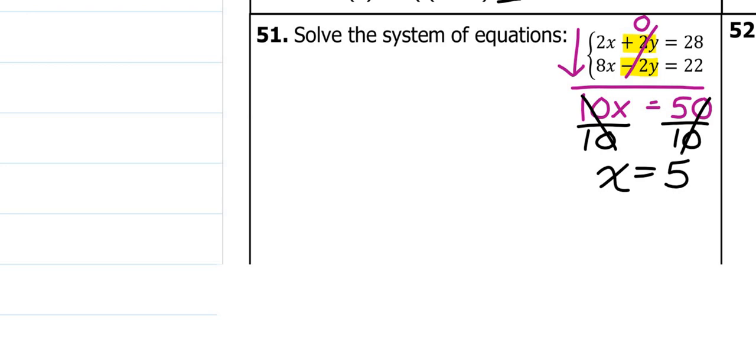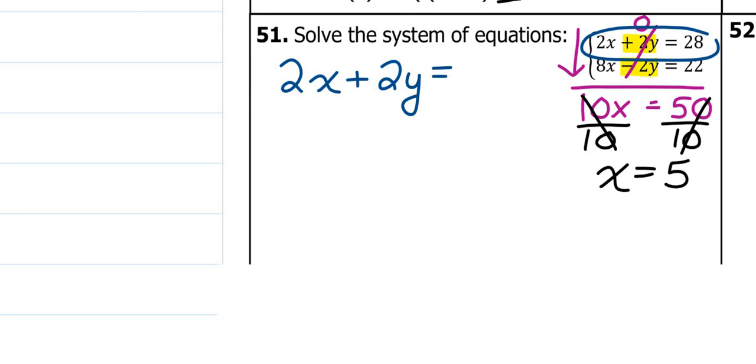Now I have the x value, I also want to find the y value. Once I have one of the variables, I can choose either of the two equations to plug in x and get the other value. I'm going to choose the top one because it has smaller values. So it's going to make solving a little easier. So I'm going to rewrite 2x plus 2y equals 28.